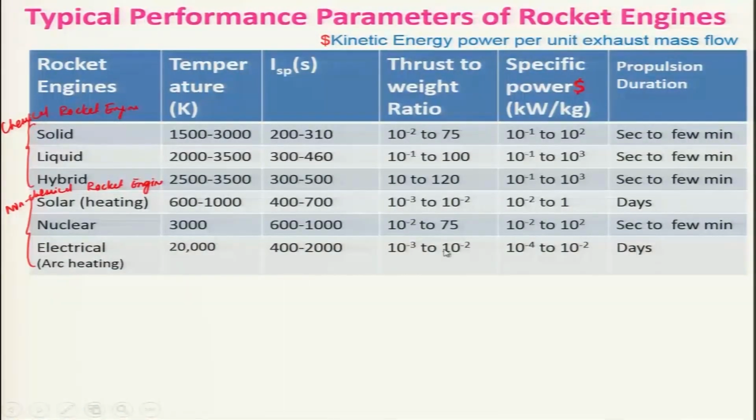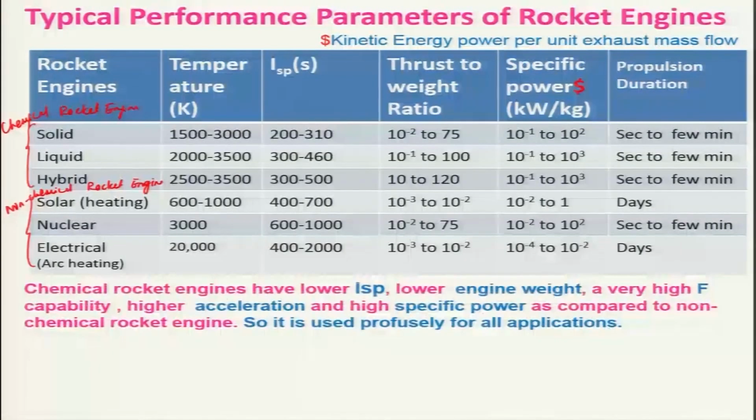So therefore, this kind of non-chemical rocket engine is not really preferred for operation wherever the earth's gravitational pull is concerned. Therefore, the chemical rocket engines have a lower ISP, lower engine weight, a very high thrust capability and higher acceleration.